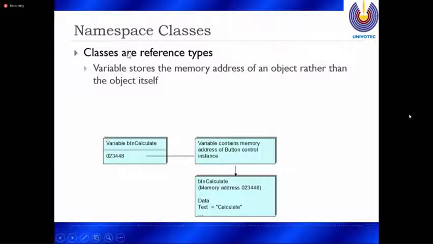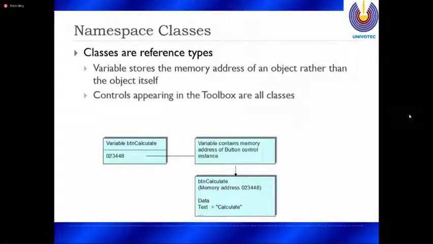Therefore the classes are reference types. There are two types of data type: one is the value type and the second is the reference type. The value type only allocates the memory of the computer, not the address location. But a class is a reference type. It allocates the memory with the address also.